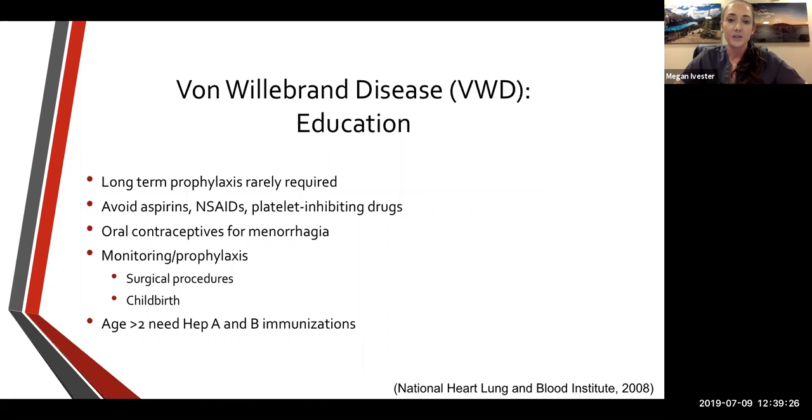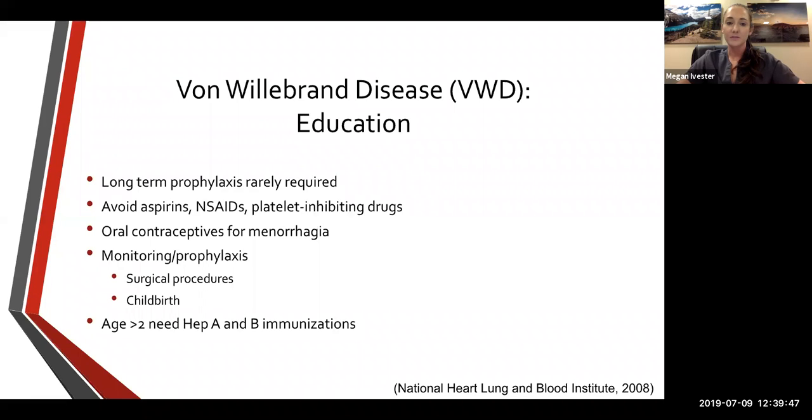So as far as education, you want to educate your patient that long-term prophylaxis is rarely required. So it's not a lifelong treatment necessarily, as far as it being a consistent treatment, but it is something that always has to be taken into account when things are being done. Another thing, you want to educate your patient to avoid aspirins, NSAIDs, platelet inhibiting drugs.